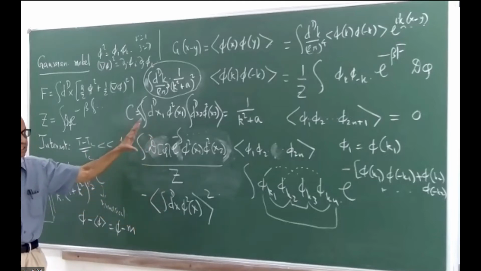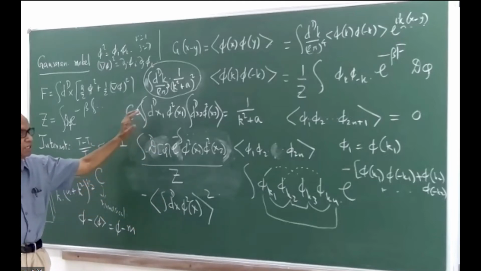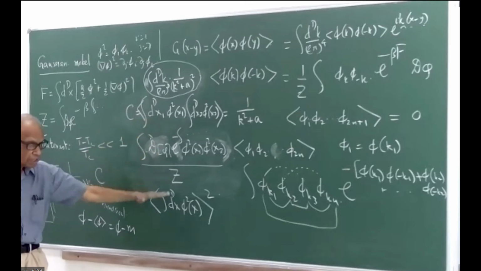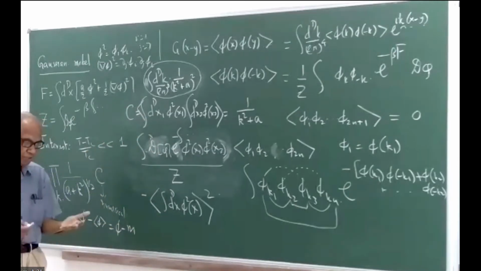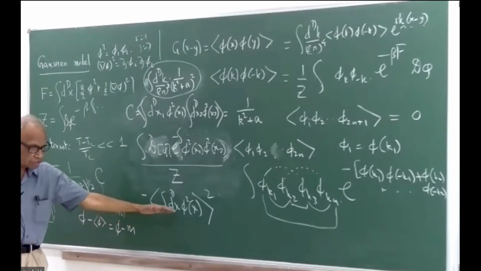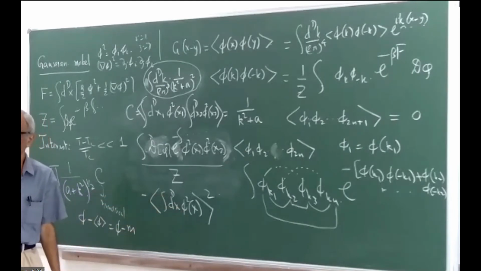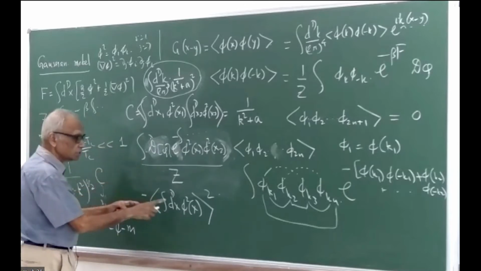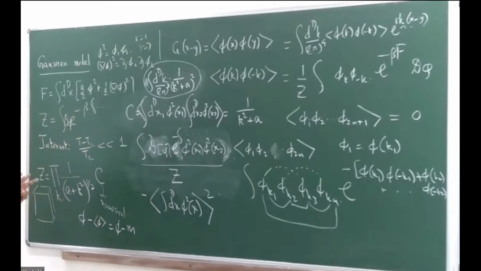The physical quantity is this expectation value minus the trivial part, which is just the local quantity subtracted out. But this subtraction is physical. That is what the specific heat is.